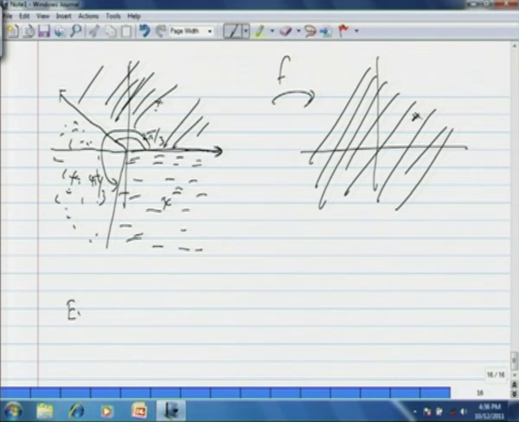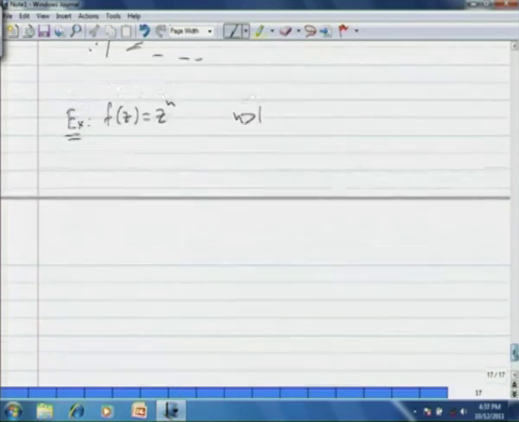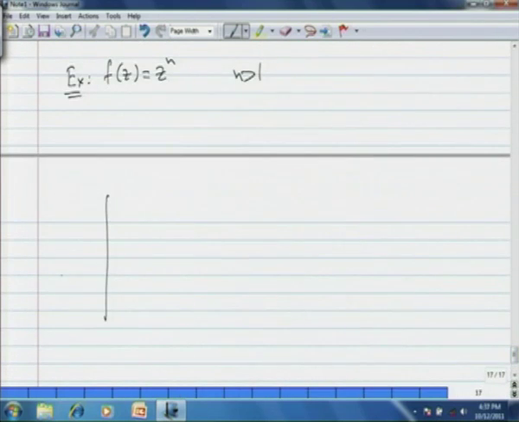So, in general, if you consider f of z equals z power n for n greater than 1, this function takes the wedge between theta equals 0 and theta equals 2 pi by n. This is an infinite ray standing for theta equals 2 pi by n. So, this angle is 2 pi by n.